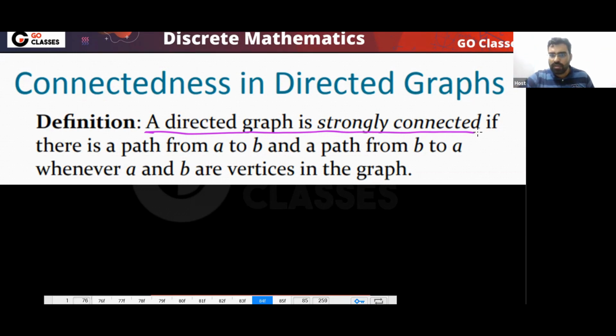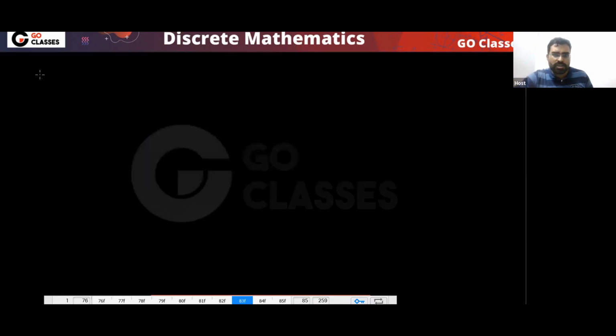When you only have one strongly connected component, there is a path between every two vertices. Every two vertices are strongly connected. So this is the definition of a strongly connected directed graph.